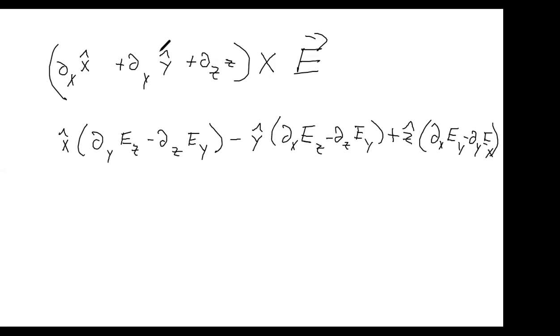So you just use the fact that the gradient operator is a vector and take the cross product with it, acting on the electric field.